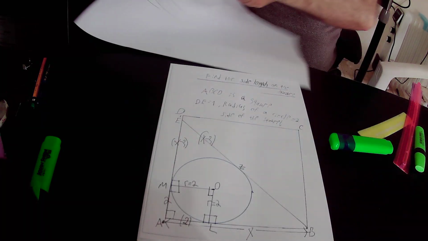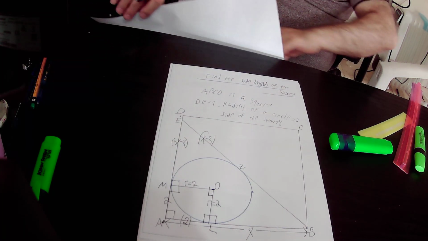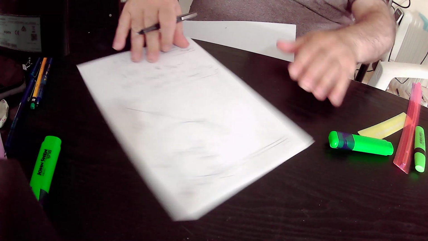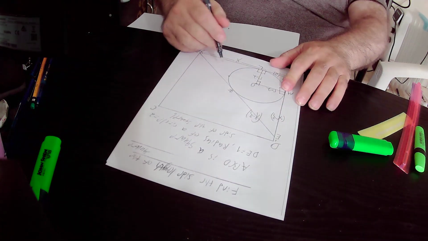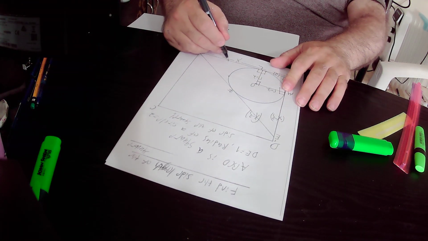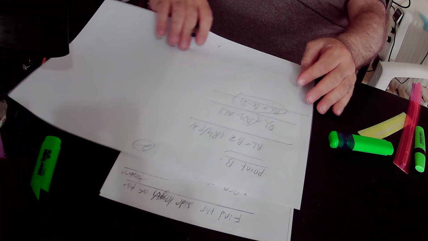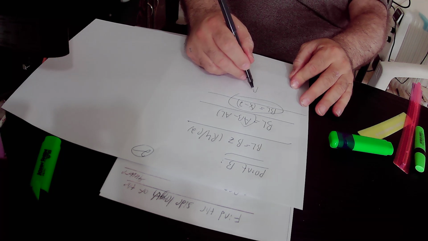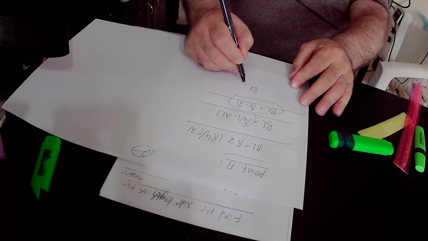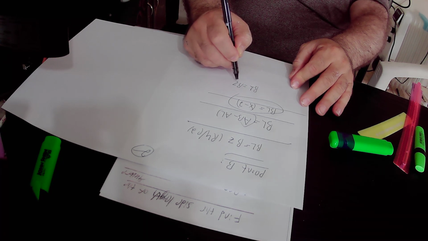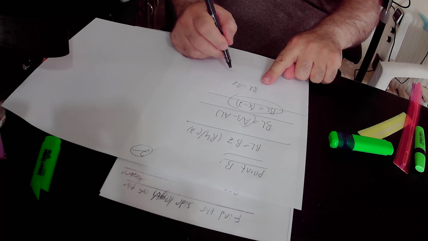BL equals x minus 2, so we can write here that BL equals x minus 2. But according to rule number 2, we have already found out that BL equals BZ. So from one side BL equals BZ.